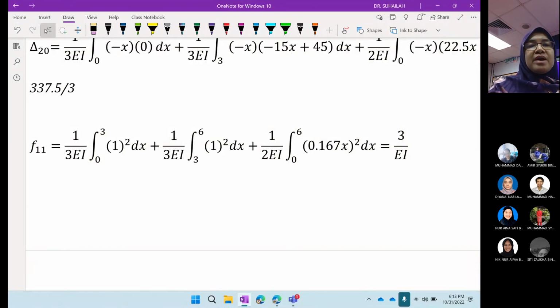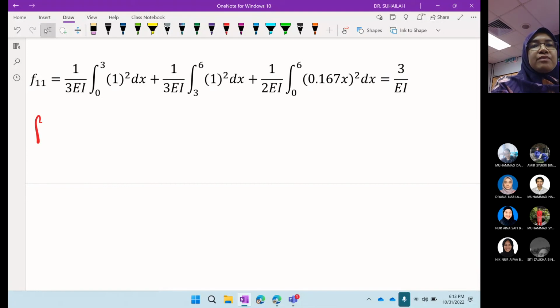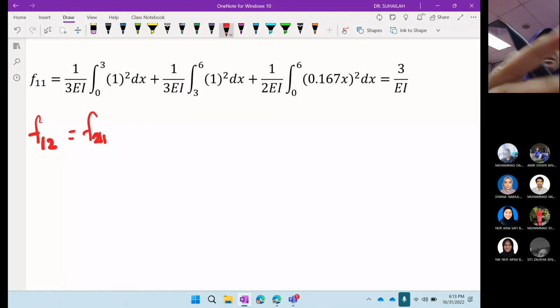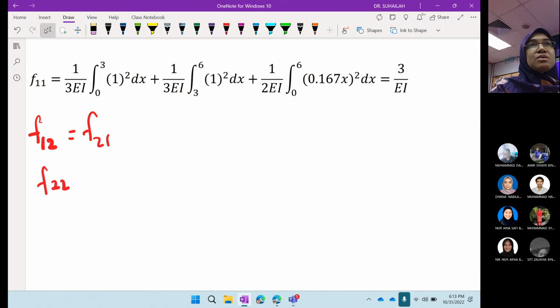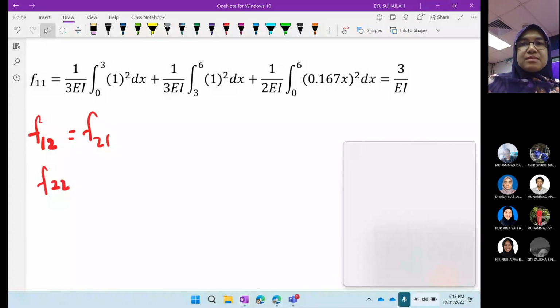Okay, so you have remaining F12 which is equal to F21, and then you have F22. Okay, tak share, sorry. Tak apa. Adik boleh je share. Kejap.